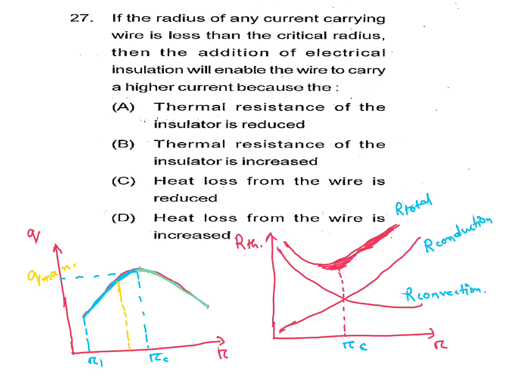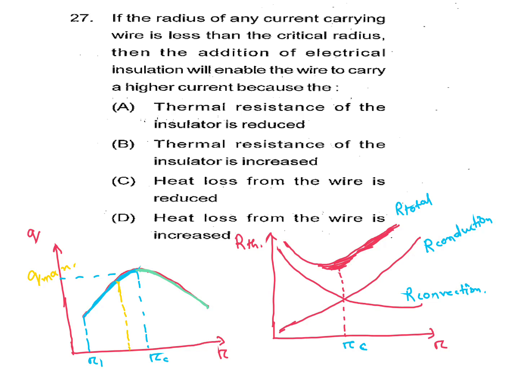Then here thermal resistance of the insulator is reduced. Here it's reducing, but which one they are telling, that is not confirmed: total thermal resistance, or for conduction or for convection. Thermal resistance of the insulator is increased.